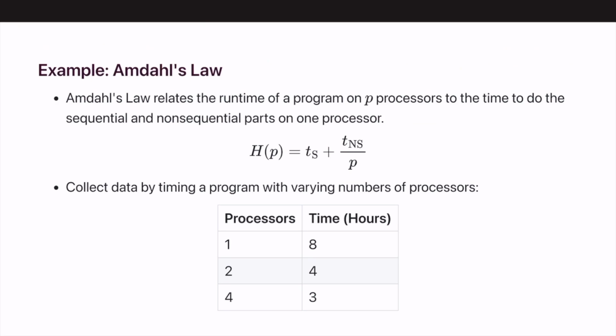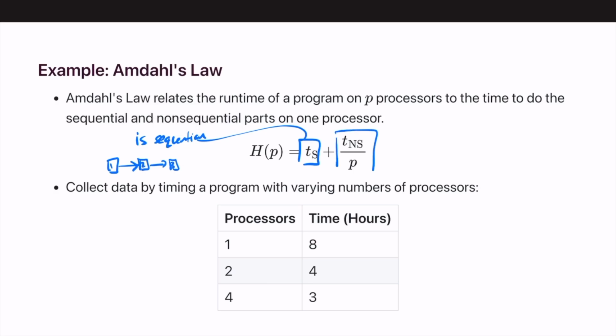So for example, this part here is sequential. Sequential means it has to happen in sequence, like 1, 2, 3, and it can't be parallelized.